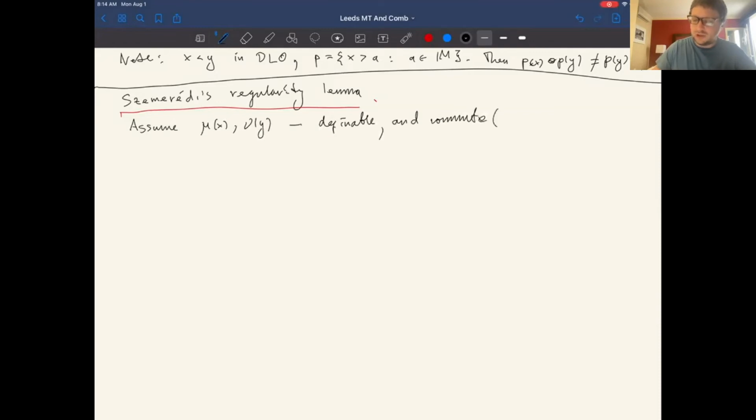By commute, I mean in the sense of the tensor product. In fact, I should say pairwise commute, by which I mean that we have both mu tensor nu is the same as nu tensor mu. But also I want to say that each of mu and nu commutes with itself. Mu commutes with itself.